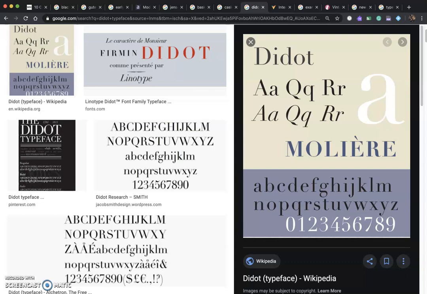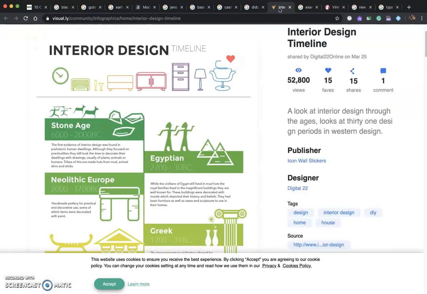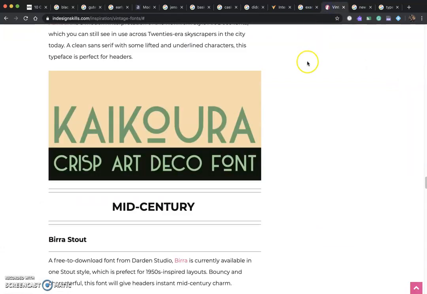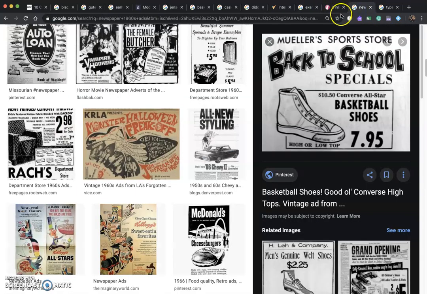But nothing much changed in terms of type until around the 1950s, where advertising started to show up in newspapers, and there was an increased demand for attention. There were more typefaces out there. So as newspapers started to want to draw your attention, typefaces started to take on an important role in that.